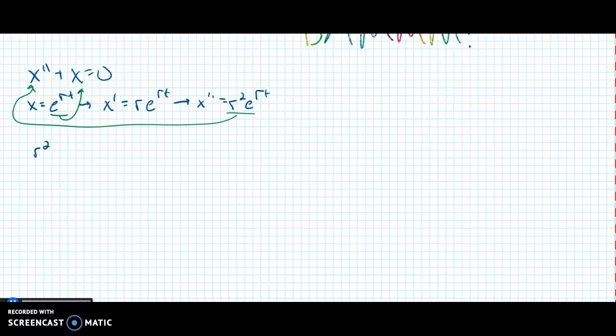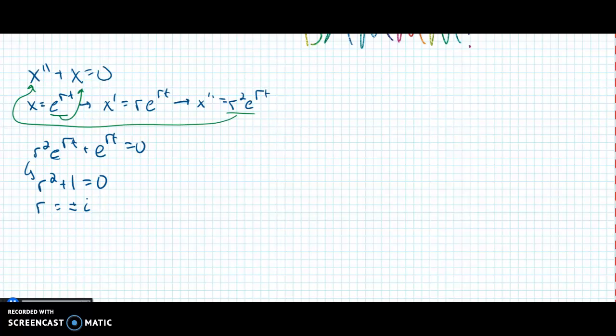That gives me r squared e to the rt plus e to the rt equals 0. Now I divide by e to the rt, so it cancels out, right? And I get r squared plus 1 equals 0, which gives me r equals plus or minus, when you move it over in square root, you get plus or minus root negative 1, which is plus or minus i.